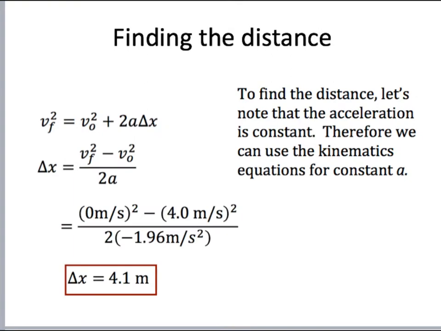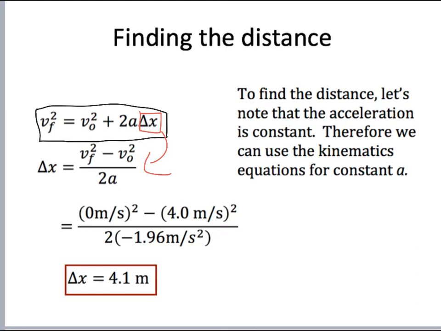Now, as I said, we want to use the kinematics equations to solve for how far it goes, and we can use the third kinematics equation. That's this one here. The final velocity squared equals the initial velocity squared plus 2a delta x. And of course, what we're trying to solve for in the problem is delta x. So if we do a little bit of algebra, we can solve for delta x.